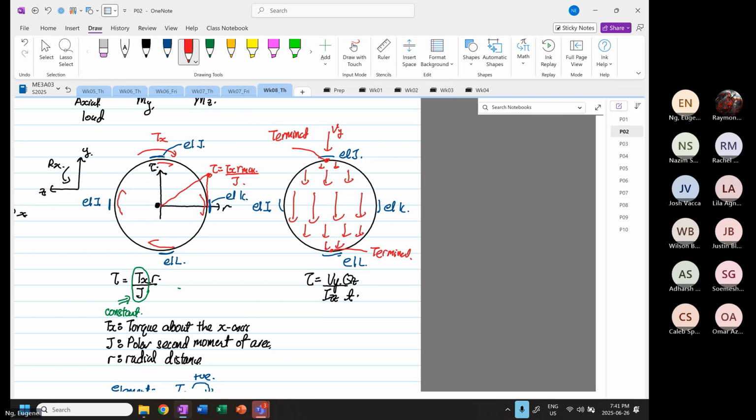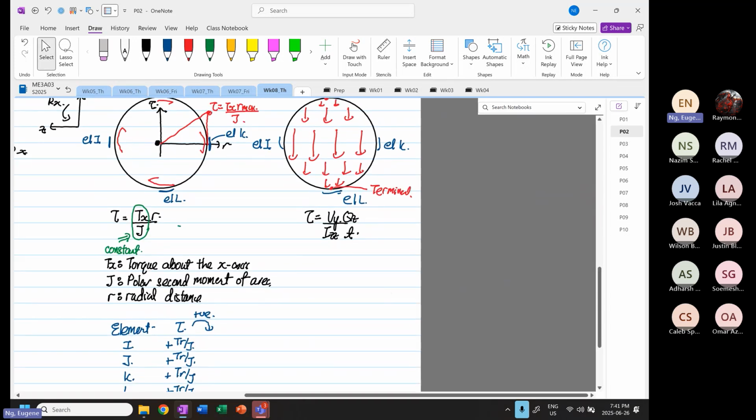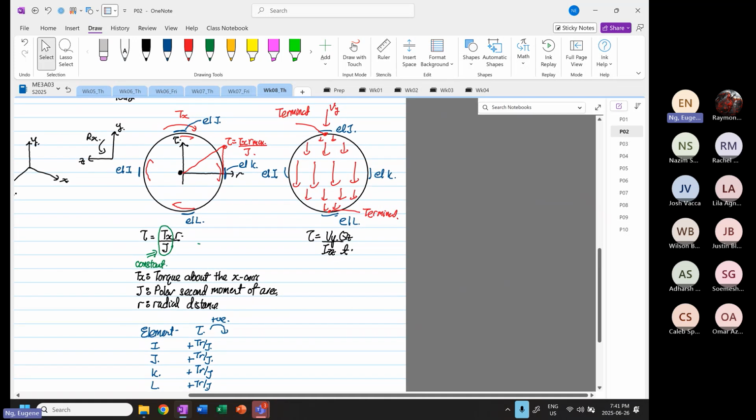So what we see from there is, when we have our shear stress equal to Vy over Izz, Qz over T, at point J and at point L, the shear stress is equal to what? 0, because of the location of the terminals.